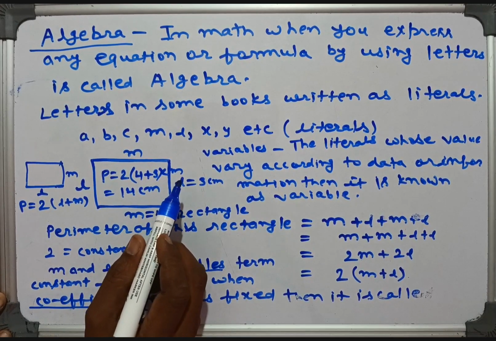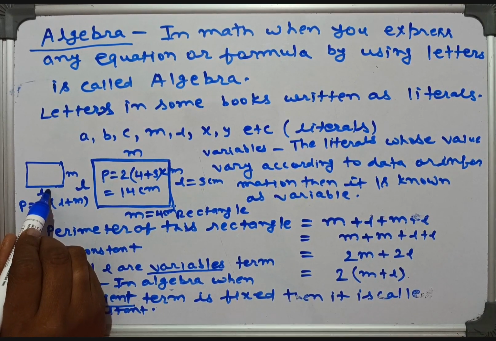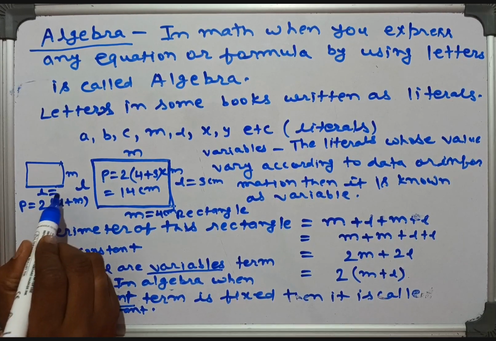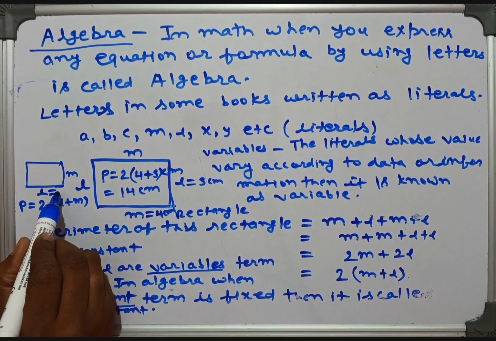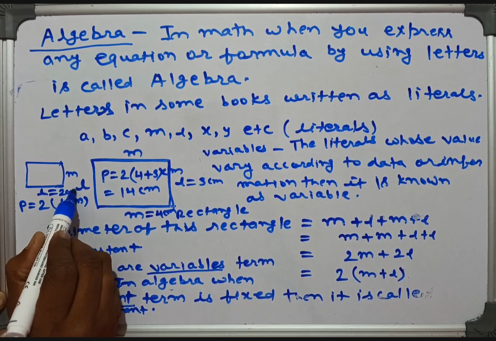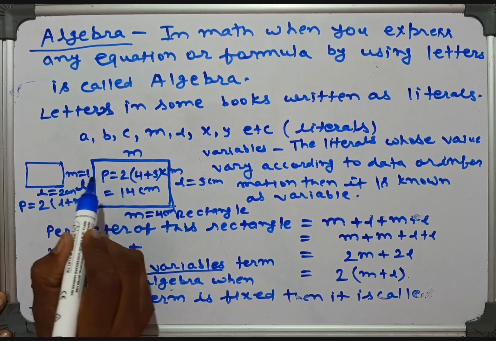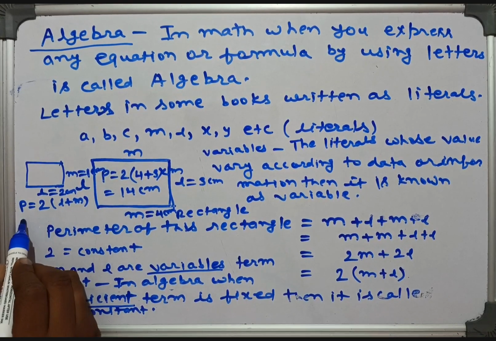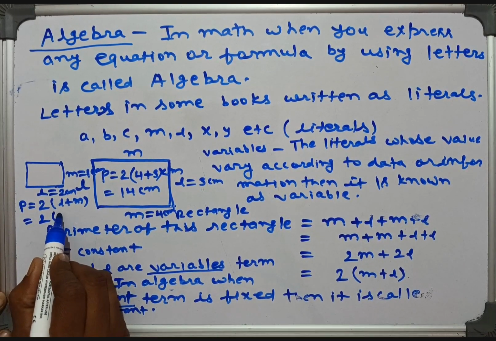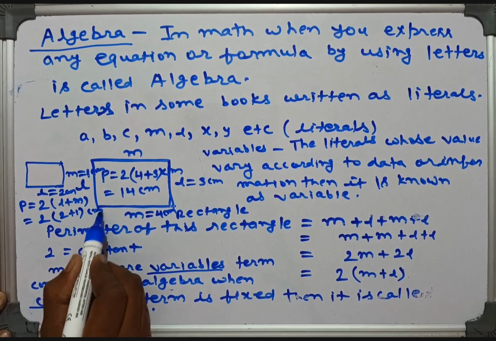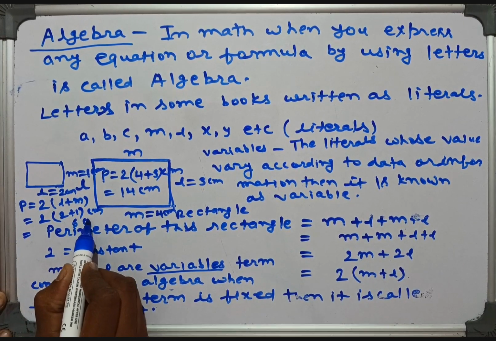Now consider a smaller rectangle. Suppose this length is 2 centimeter and this length is 1 centimeter, then its perimeter is equal to 6 centimeter.